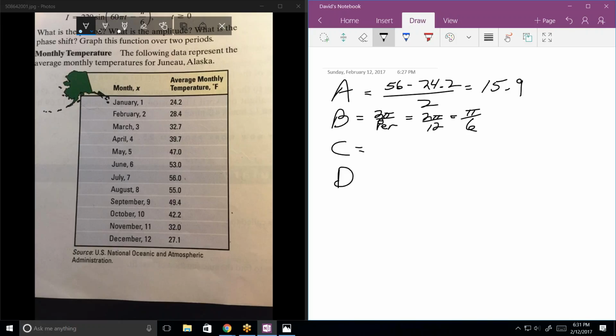Phase shift. Well, first of all, let's figure out D, because it's the next easy. How do you get D?